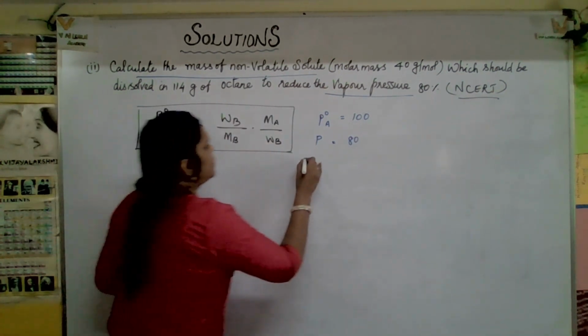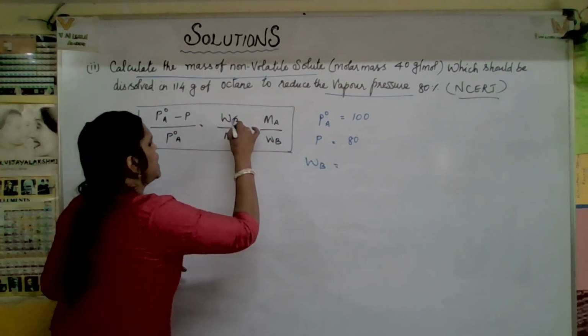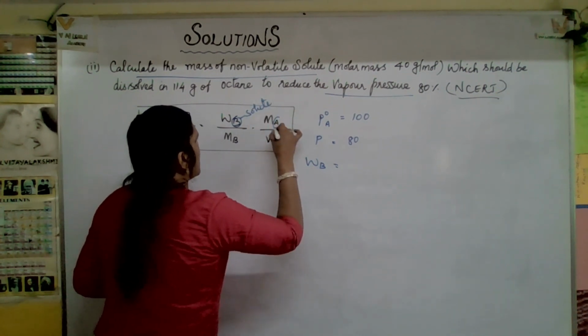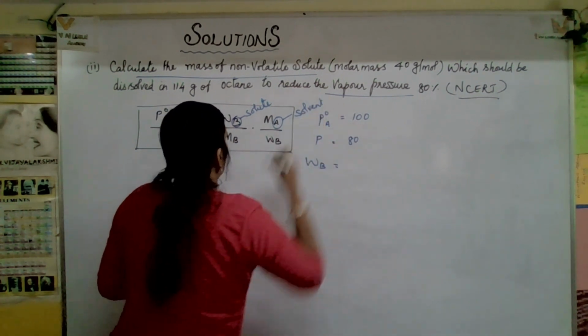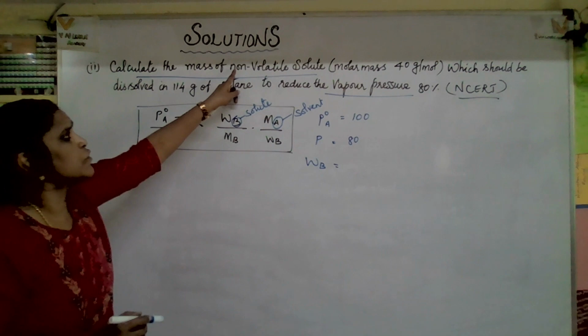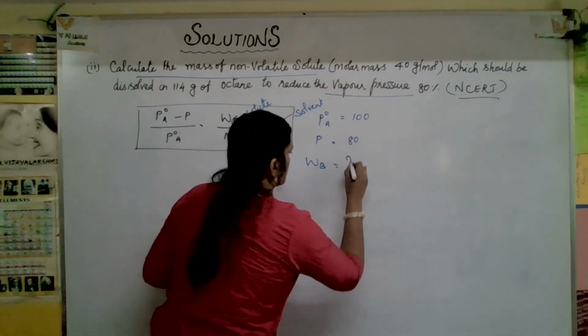Now, WB, B is a solute, A is a solvent, right? Now here calculate the mass of non-volatile solute. That is the question, so you have to find out that only.